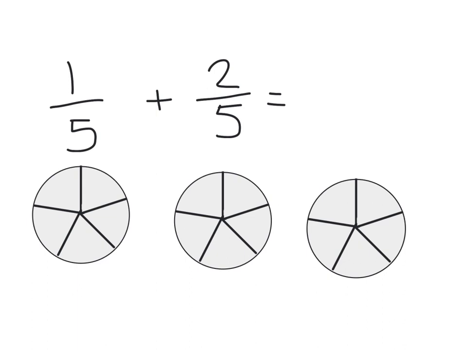And you'll see I've drawn circles that have been split up into 5 pieces. So if I shade in one piece on the first one, and then I shade in 2 pieces on the second one, you can see that altogether I've got 3 pieces shaded in on the last one, which would be these 3 here.